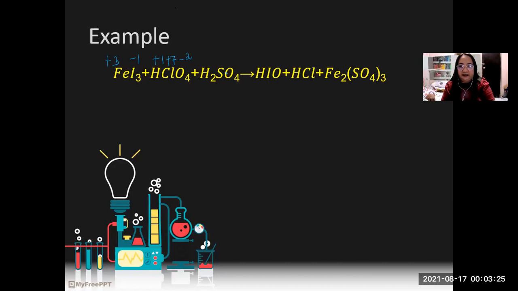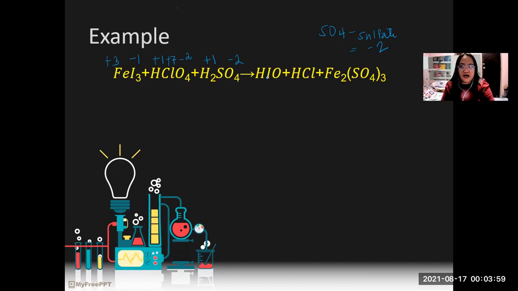Now, this is a polyatomic ion. For SO4, I'm using it as 1 unit. So this is a sulfate. I'll probably provide you a table. And a sulfate has a -2 oxidation number. So if this is -2, this is also +1. It also follows that it's neutral, because 2 times +1, that's 2, and then only 1 sulfate here, that's -2, that's still 0.